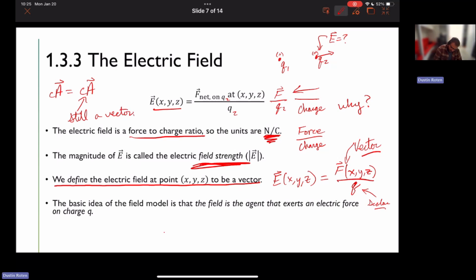So that's why we can actually say that the electric field is still going to be a vector if we calculate it. It still will have a magnitude and it will point in a direction. So the basic idea of the field model that we've been talking about is that the field is an agent. The field is the agent that exerts an electrical force on some charge Q.